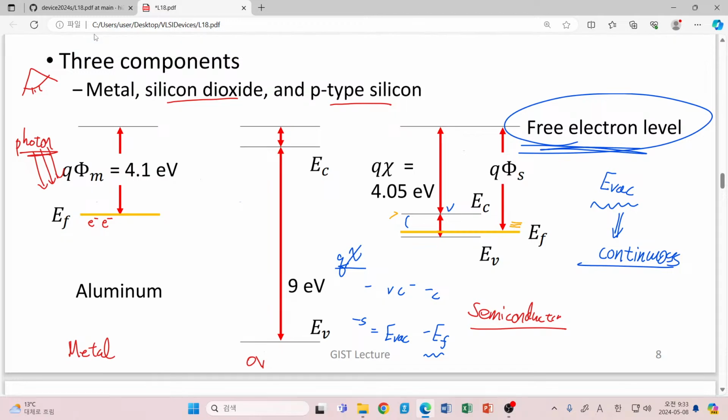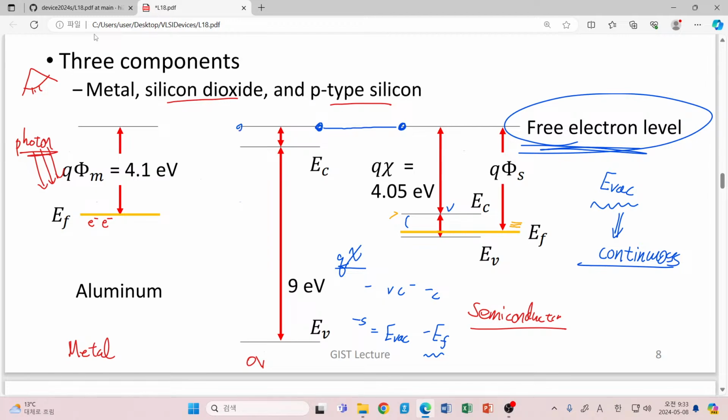That is an important one. If we apply this concept to this material boundary, here we have two different quantities: the vacuum level seen from our oxide and the vacuum level seen from our silicon. But from our discussion about continuity of the vacuum level, they should be connected.